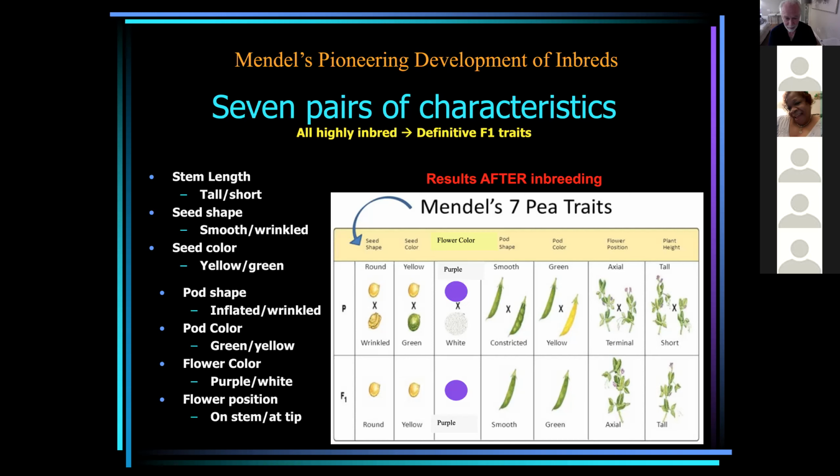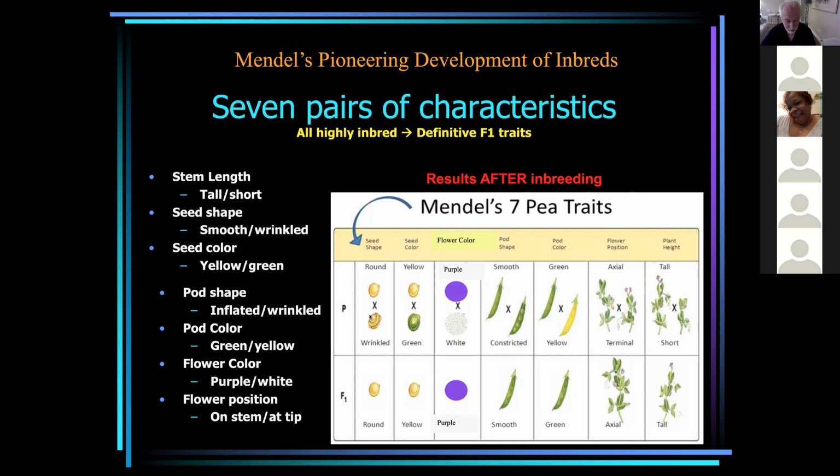Okay, look at these pictures. These are the traits that Mendel started with. He looked at seed shape: some plants had round seeds, some had wrinkled seeds. First he inbred, so he had seeds that were 100% homozygous for round and differed only by 1 allele for wrinkled.